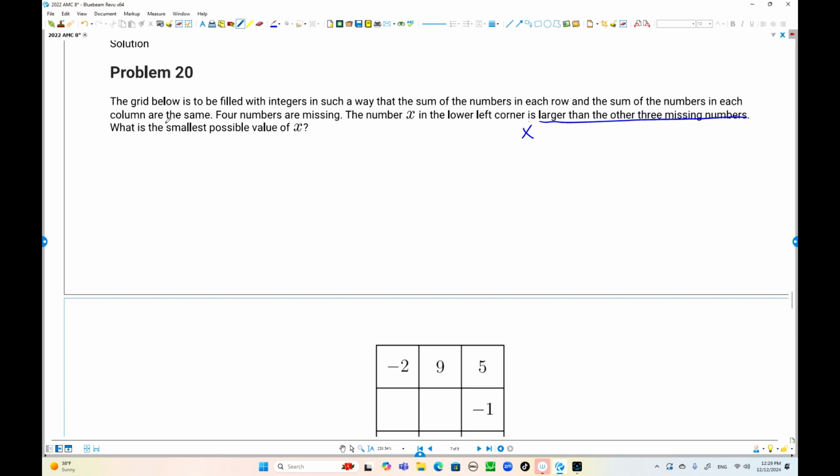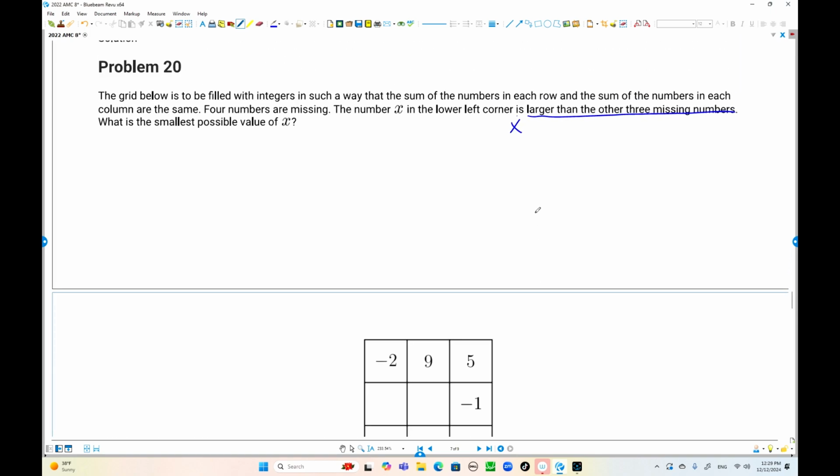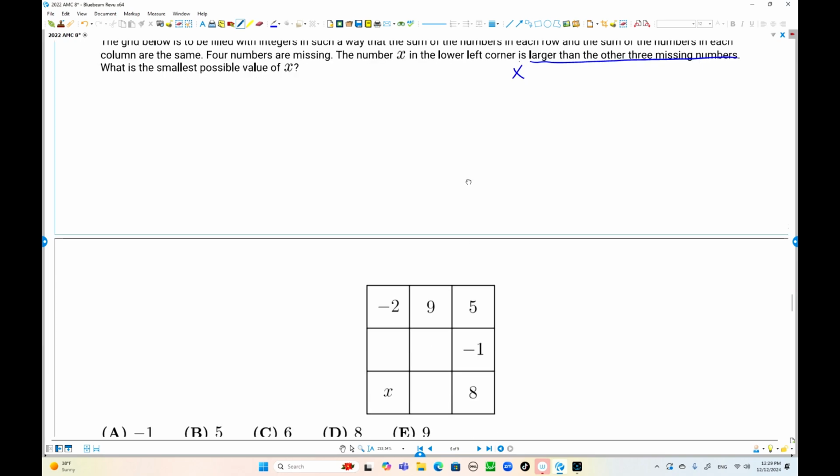All right, number 20, we have a 3 by 3 grid filled with some integers over here. Okay, we already have many integers, and the bottom right corner over here is x, okay? But this value of x is larger than the other 3 missing numbers.